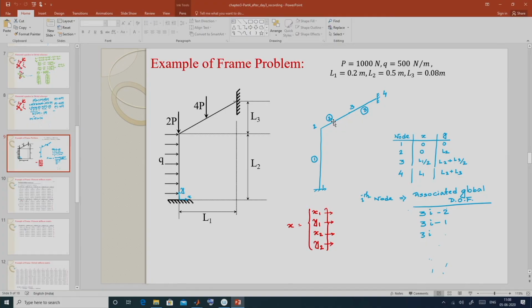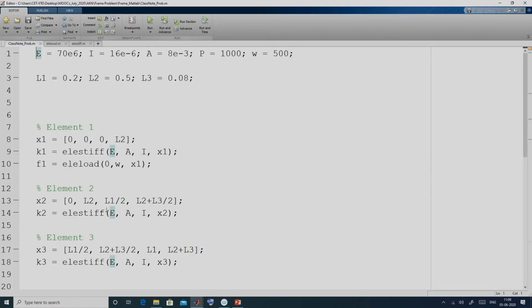Now, for element 2, our coordinate vector will be 0 L2, then L1 by 2 and L2 plus L3 by 2. So, this is our coordinate vector x2, and we calculate element stiffness matrix K2.